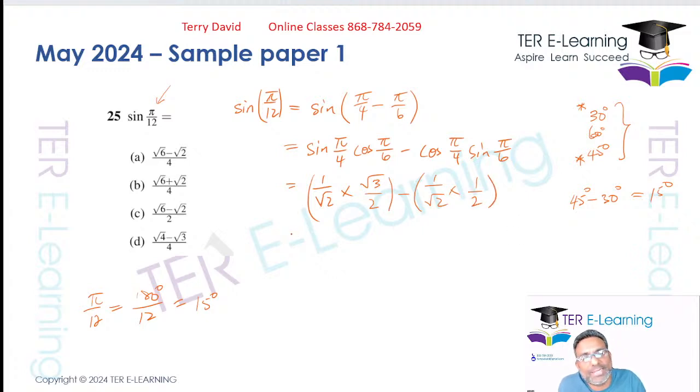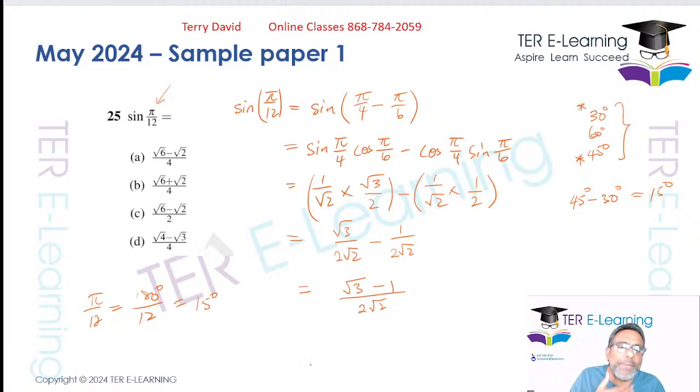Somehow we need to take these answers and try to get one of those that we have there. So this is going to be root 3 over 2 root 2 minus 1 over 2 root 2. In this case, you have the same denominator, so this is going to be 2 root 2, and this is going to be root 3 minus 1. Now, none of the answers look like what we want as yet, so I will try to rationalize.